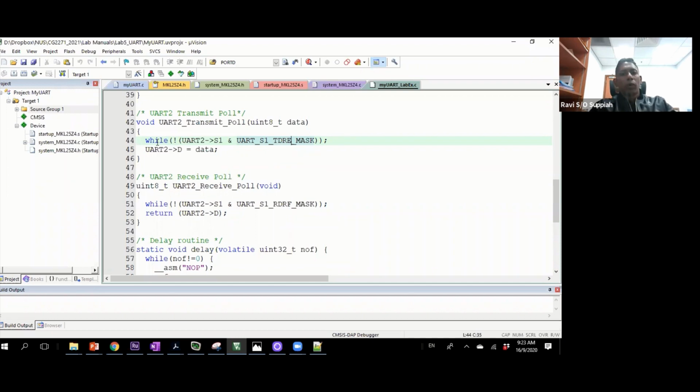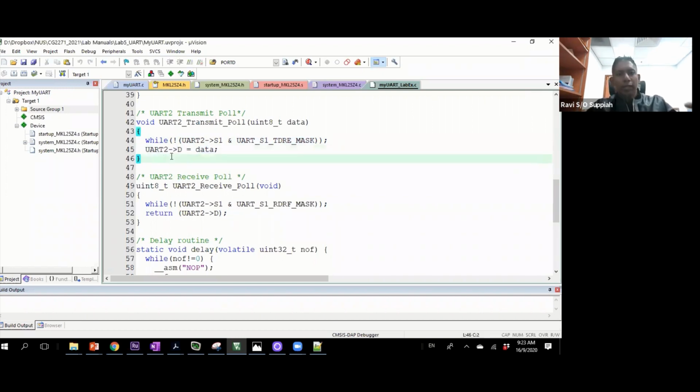While it is not empty, I just wait here. I'm stuck in this loop as long as it is not empty. That means there is some data being shifted out at the moment. Once the transmit data register empty flag is set, it means the register is empty, and I can now put new data inside to transmit. That is what I'm doing here.